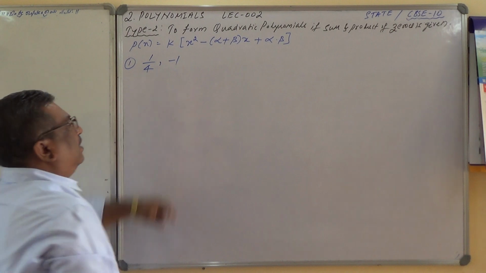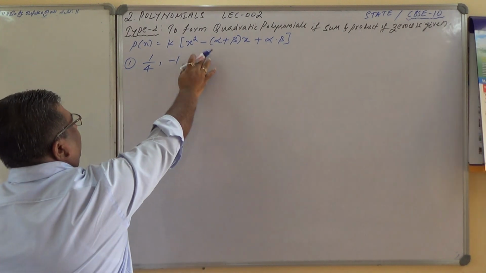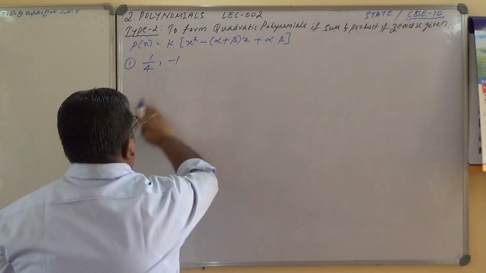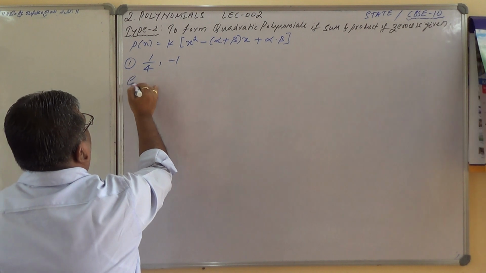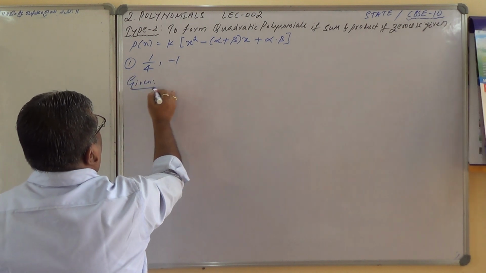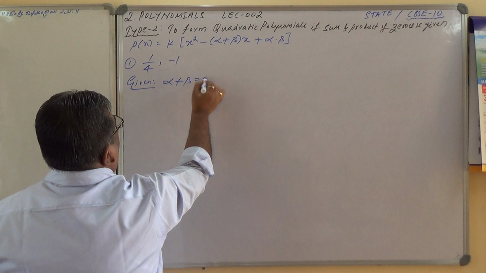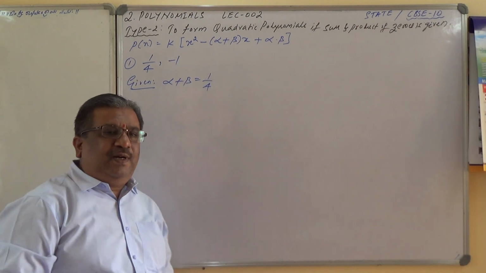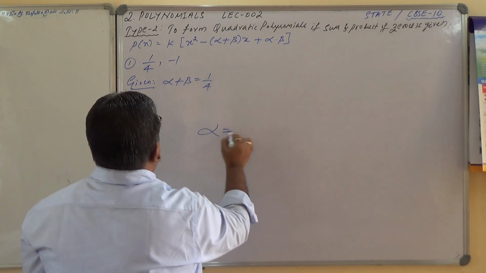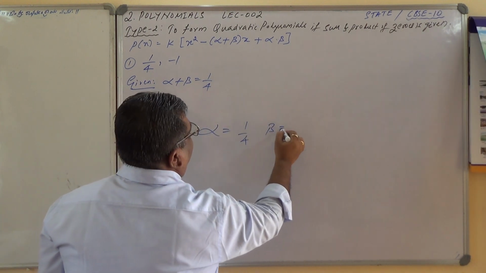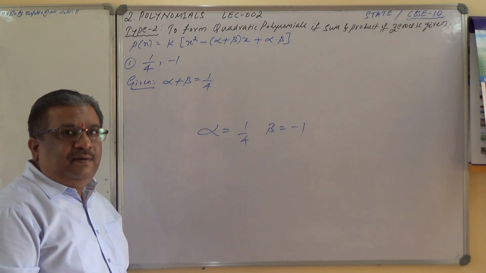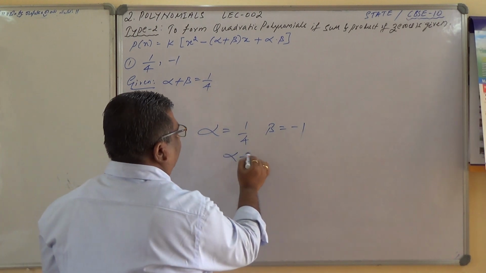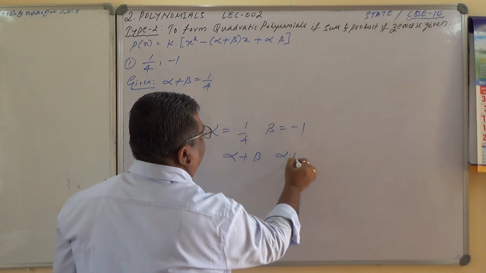Are you able to understand? So how to solve this? How to form this quadratic polynomial? Let us see here. Given alpha plus beta equals 1 by 4. Dear students, many students will take let alpha equals 1 by 4 and beta equals minus 1, and then find alpha plus beta and alpha into beta.